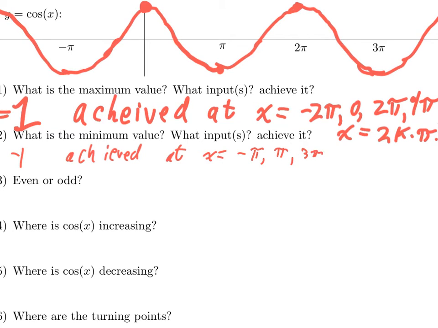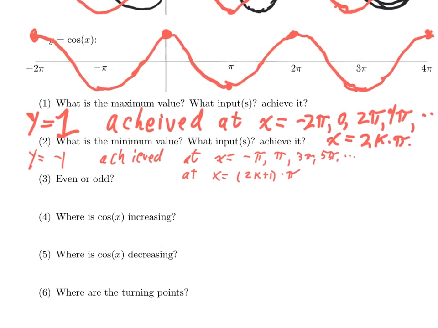It looks like in general, at x equal to any odd number times pi. Well, an odd number is a number that looks like 2k plus 1, times pi, where k is an integer.